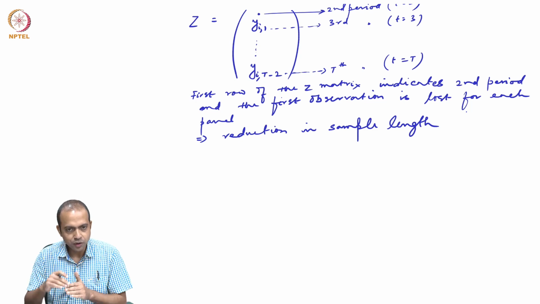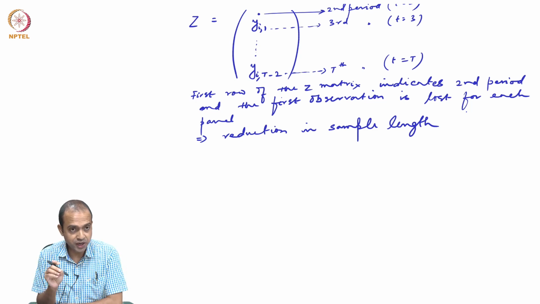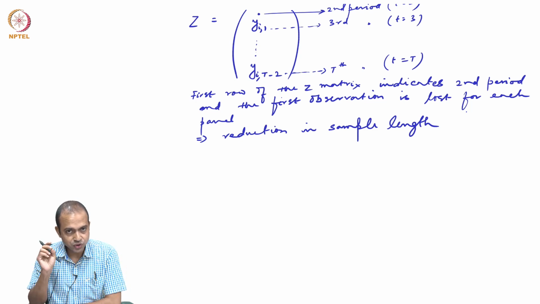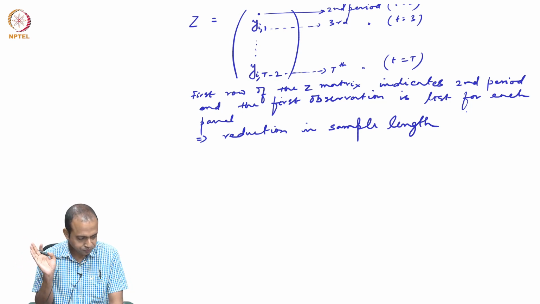Based on the idea given by Anderson and Hsieh, we are taking YIT minus 2 as the instrument, so the first observation is available only from the third period to be used in the regression.